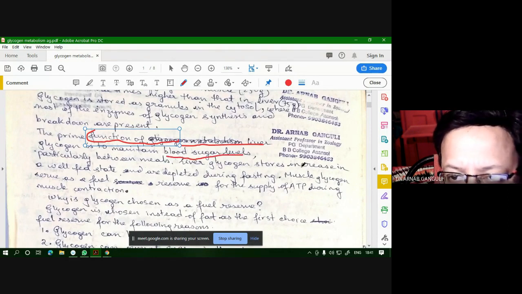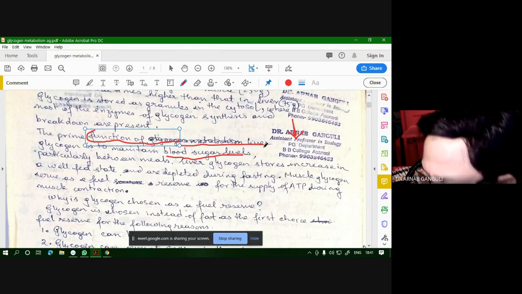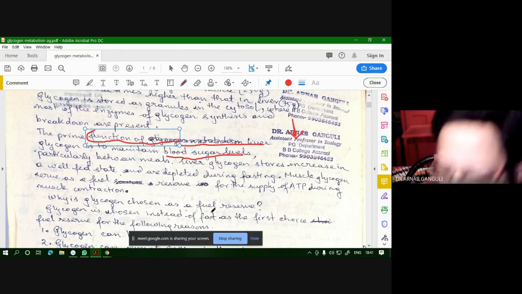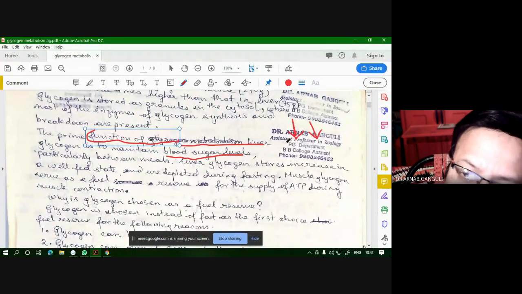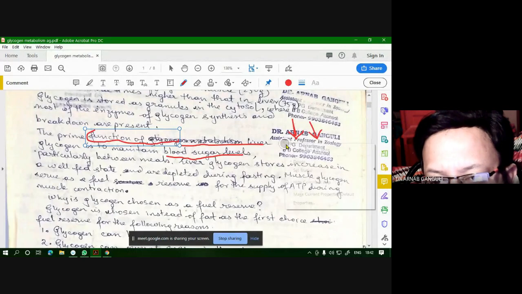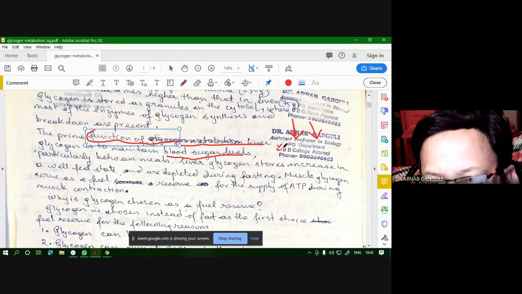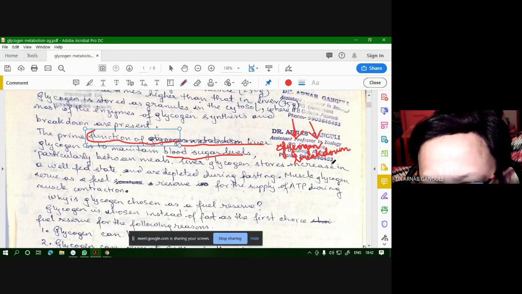So when your blood sugar levels start to fall, then glycogen breakdown starts to take place.